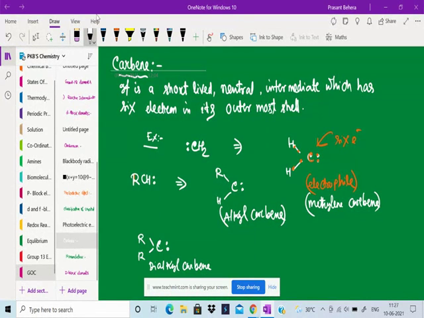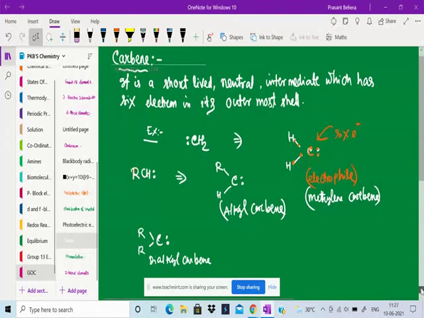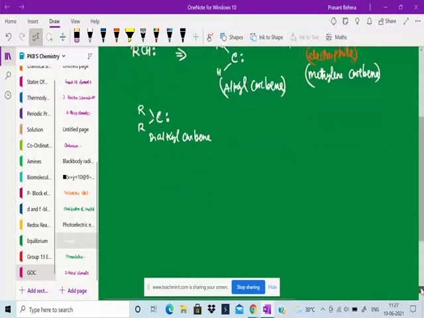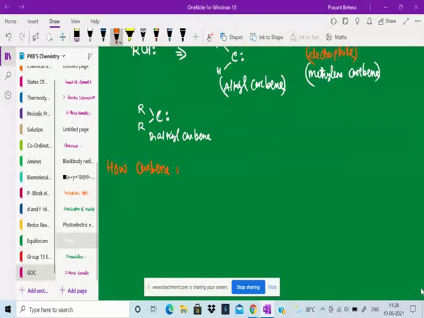So carbene is this. Now, how is carbene produced during the reaction?